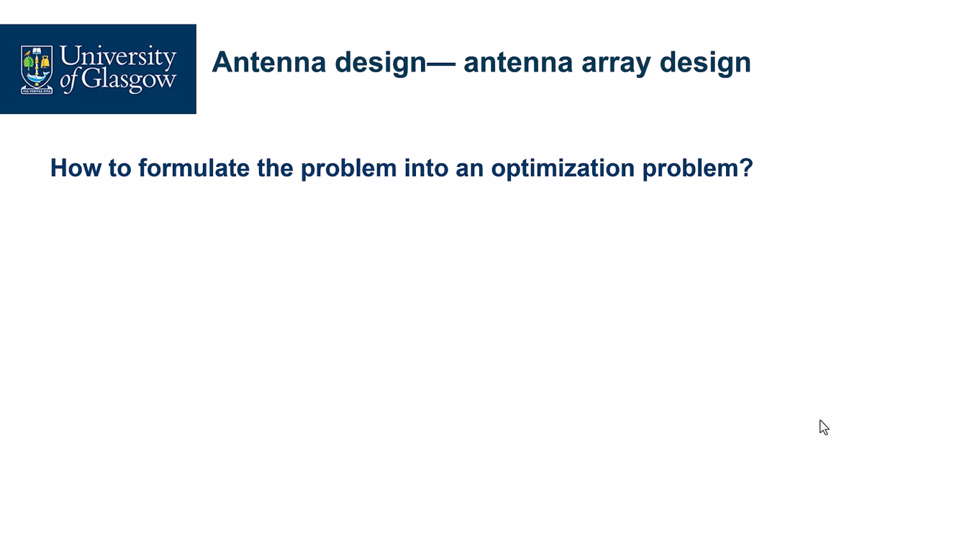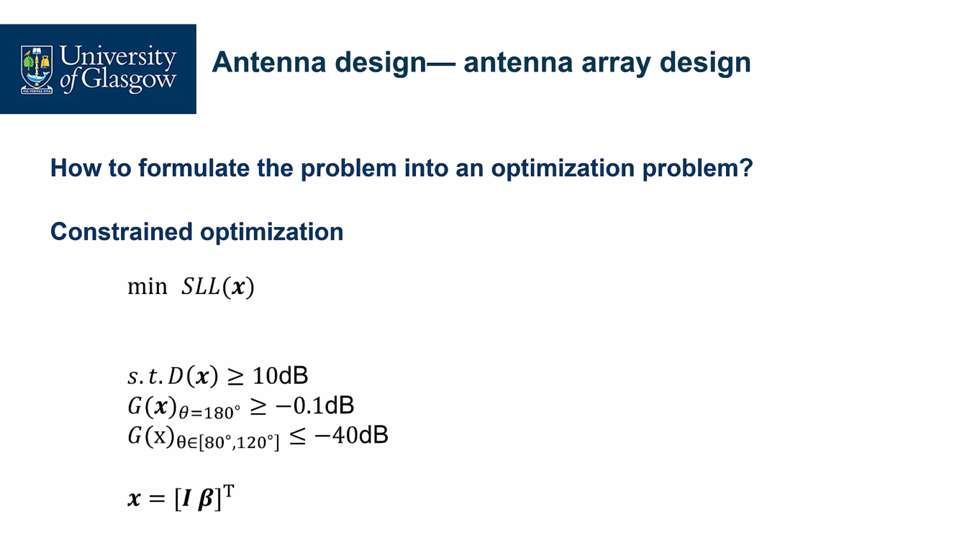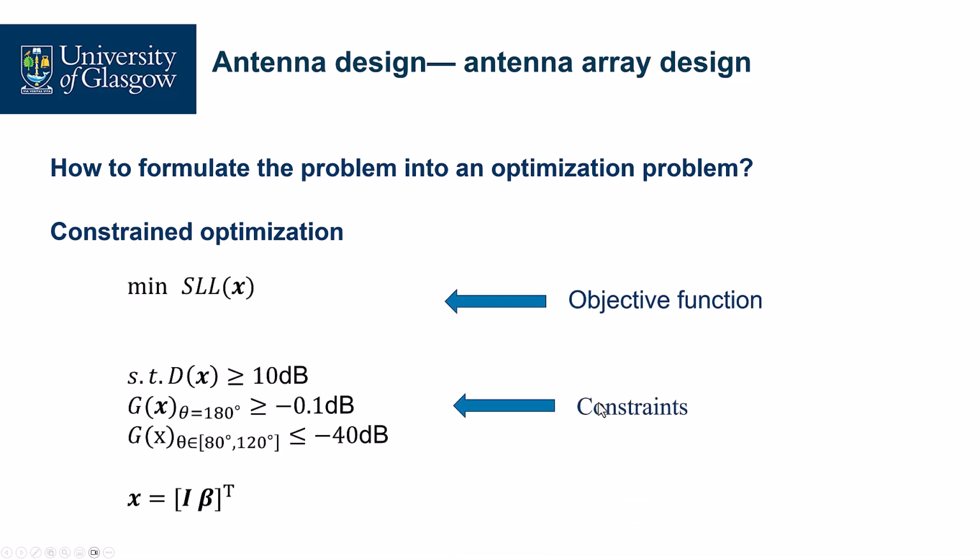The design variables are the amplitude and the phase. We can formulate the constrained optimization problem like this: the SLL is the objective function, g(x) and h(x) are the constraints, and the design variables are x. This is the first case, antenna array design.